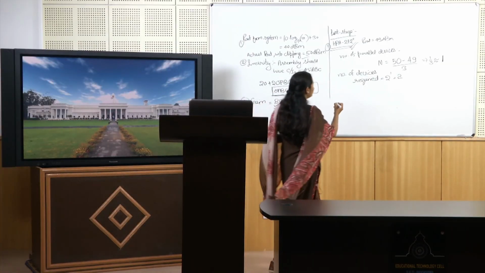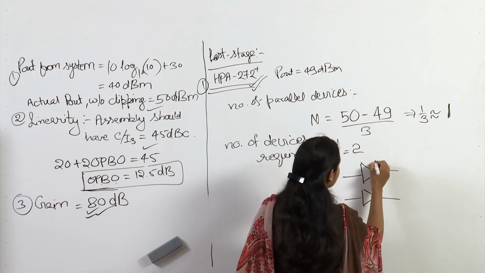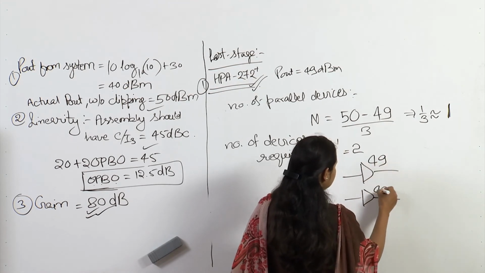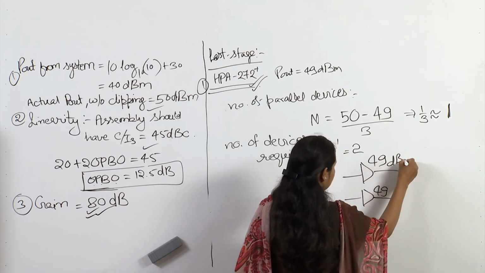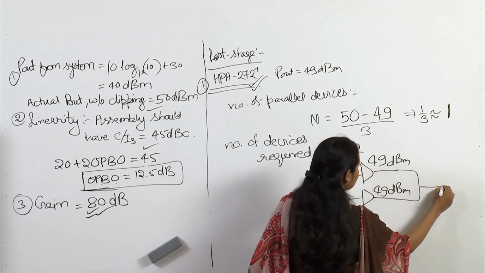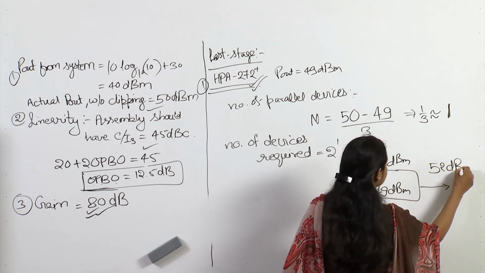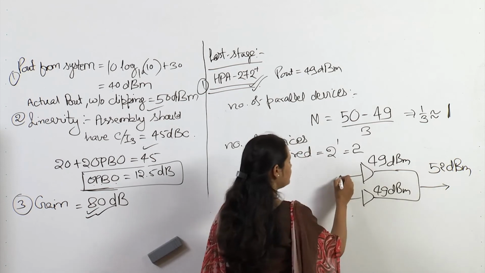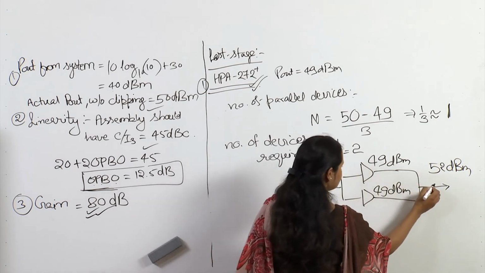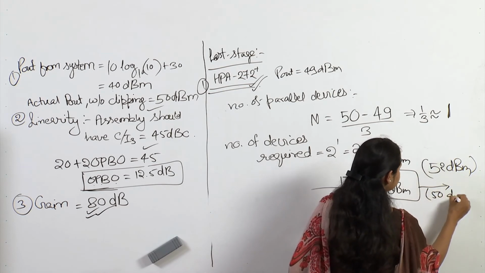So with only 2 power amplifiers in parallel, which are giving us 49 dBm, we are actually getting 52 dBm output power just by using 2 amplifiers. Now this is what we are achieving, and what we require is 50 dBm.